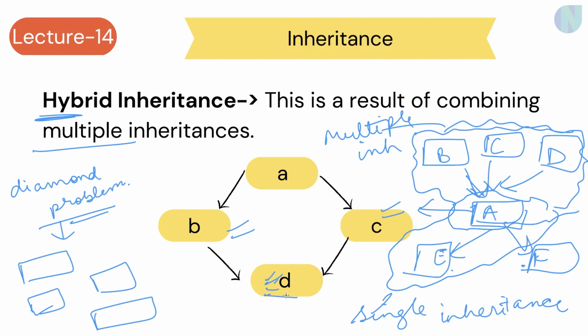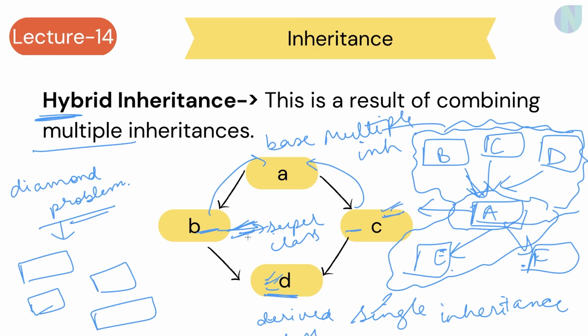As you can see, it is inheriting properties from B and C, and we call these both classes super classes. These both super classes have a common base class, as you can see from the following diagram. So this is called the diamond problem. So what is the diamond problem? The diamond problem is when two classes inherit from the same base class and it creates two copies of the base class.